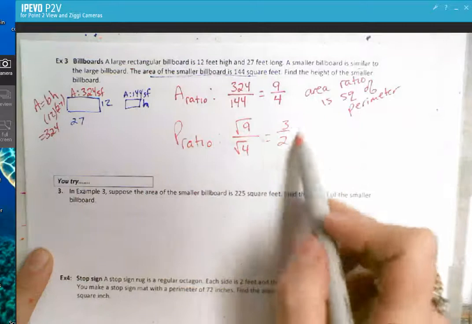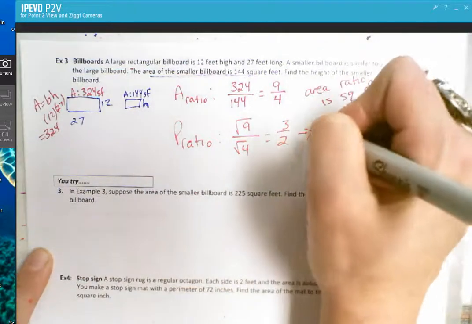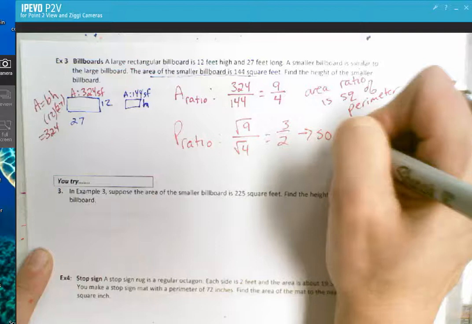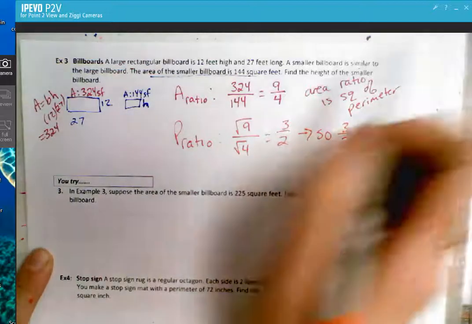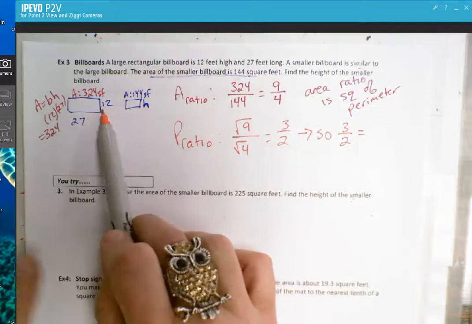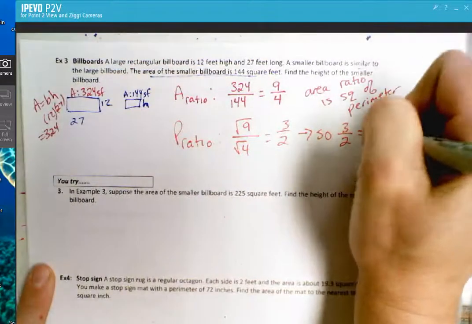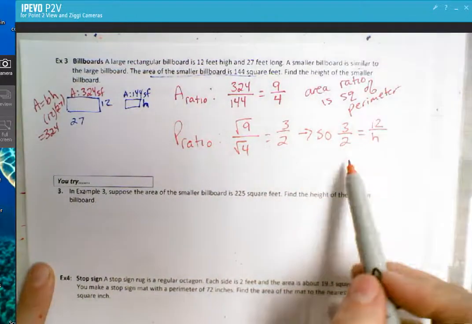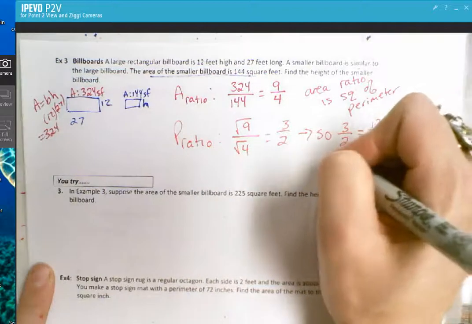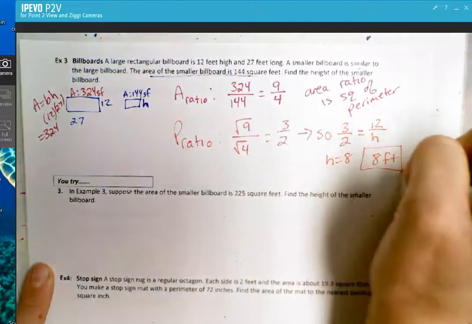Now that I know the perimeter ratio, it's also the side ratio. So 3:2 as, and set up your pieces. 3 is my larger, so 3:2 as 12 is to H. Once I have my proportion, I can solve for H by cross multiplying, and I get H is equal to 8. So I know my height is 8 feet.